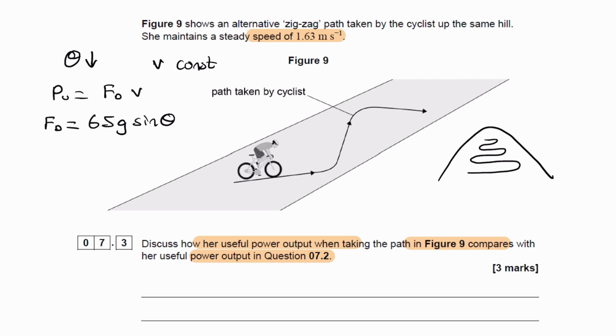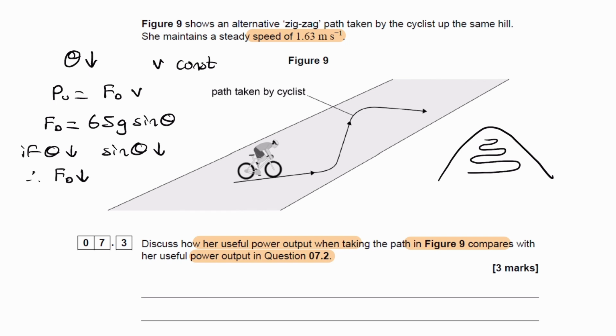So therefore the driving force will just simply be equal to that component of weight going down the slope or parallel to the slope. Theta goes down, so if theta goes down, that means that sine theta goes down as well. And if sine theta goes down, that would mean that the driving force goes down.